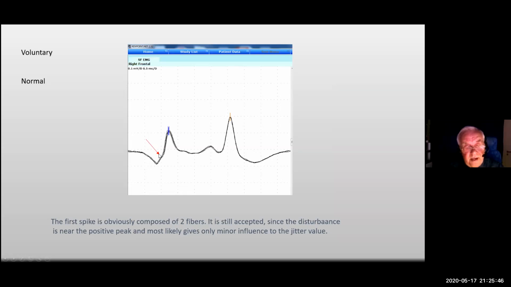But this inflection point is way down, below 50% of the total amplitude. So, and we are measuring on the peak here. So this one we accept. If this variability had been on the top here, we should not have accepted. But this is fine, so we measure between this and this. Also, although we know that there are 2 fibers here.